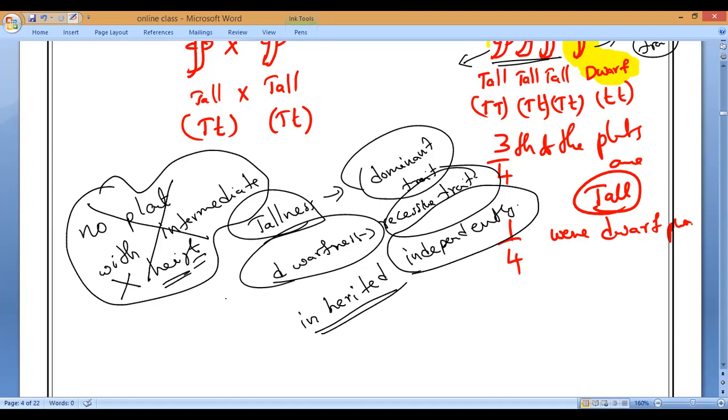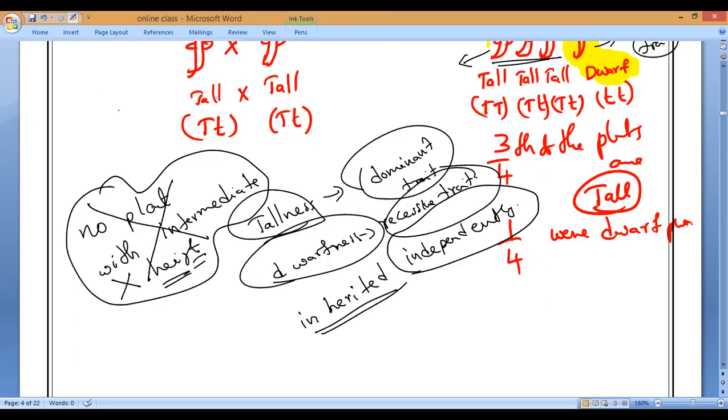But it is not reappearing at all. No medium plants are forming. So tallness and dwarfness do not mix with each other. They are not blended to produce medium height plants. So we can say that they are independent traits, inherited independently.